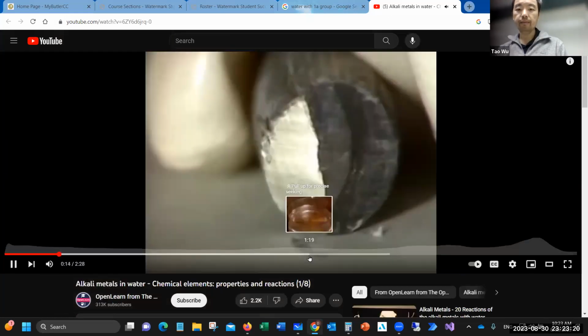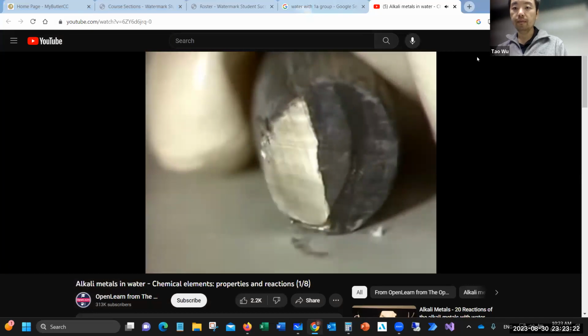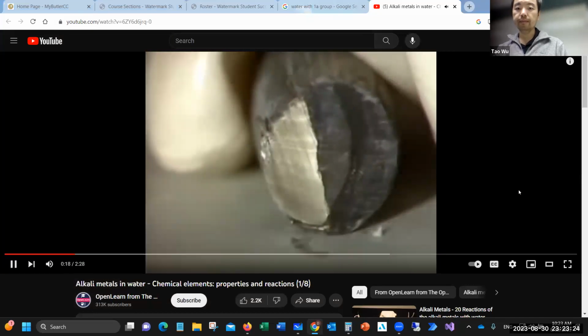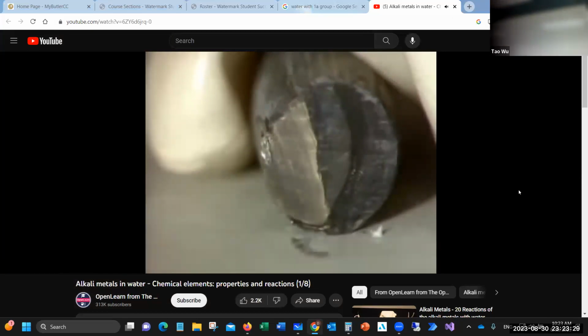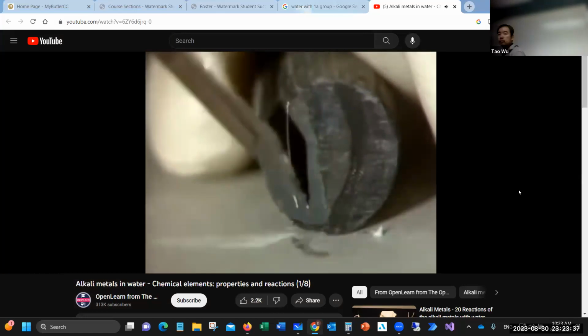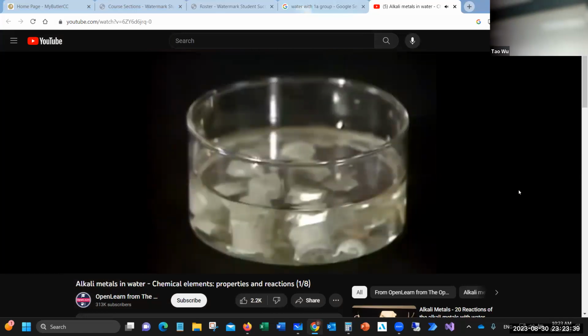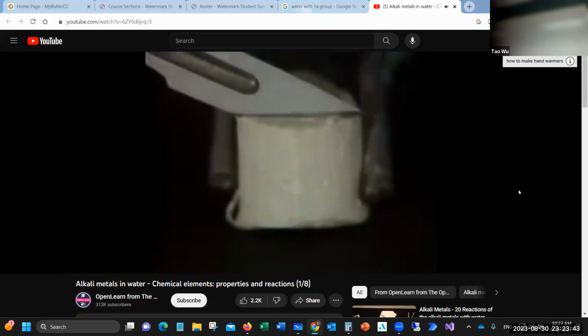In air, the elements quickly become coated with compounds that form on the metal surface. Here, for example, is lithium. When we slice it, you can see the metallic luster, but the black coating quickly reappears. Sodium is kept under oil to prevent reaction with air.